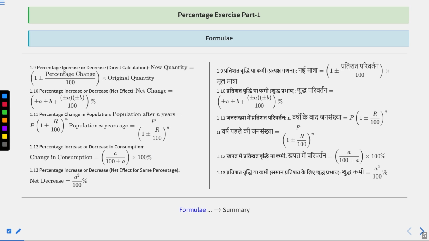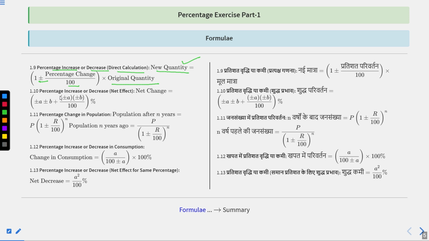Next one, percentage increase or decrease, direct calculation. The new quantity is equal to 1 plus or minus percentage change upon 100, into the original quantity. Then you get the new quantity. And the plus or minus represents the increase or decrease.